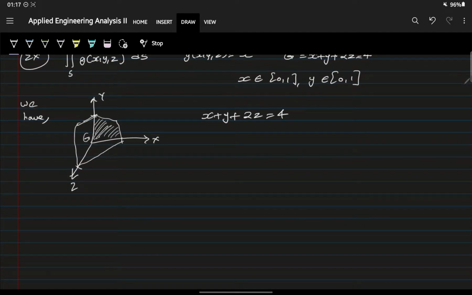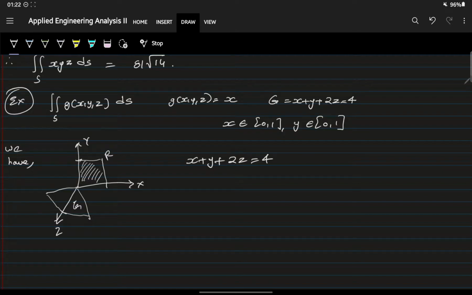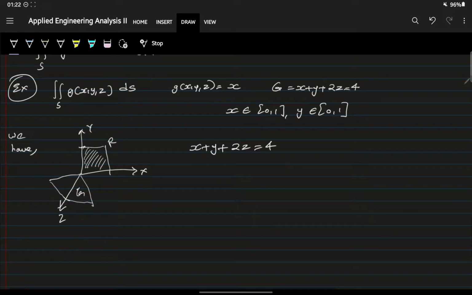From this we can take the value of x as 4 minus 2z. Since the plane is opposite to x and y, we need to consider the value of z from this equation, not x.